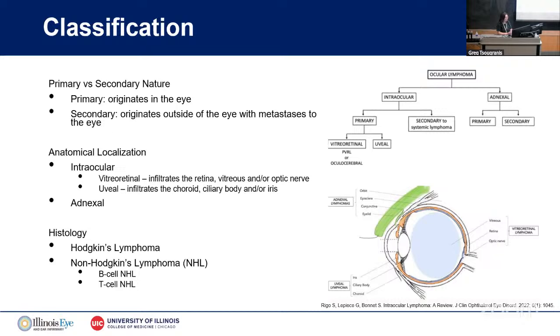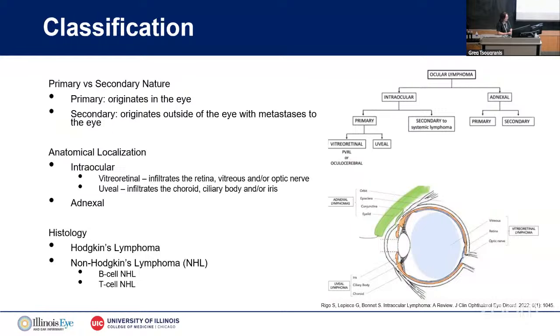So why is this important? Basically, when we have a sense of whether the tumor is primary and where it appears in the eye, this gives us good information about what we might expect on histology. For example, primary vitreoretinal lymphomas tend to be diffuse large B-cell lymphomas in the vast majority of cases, which we know to be more aggressive with a poorer prognosis.